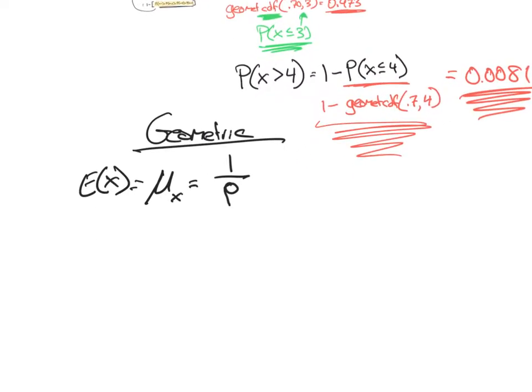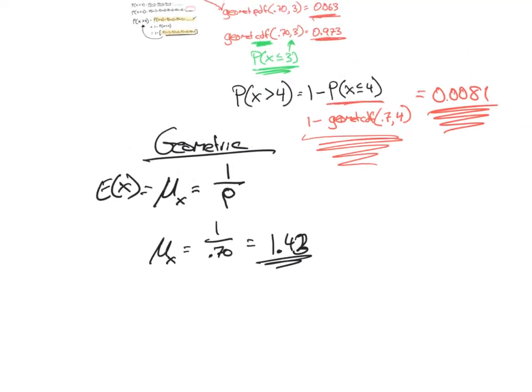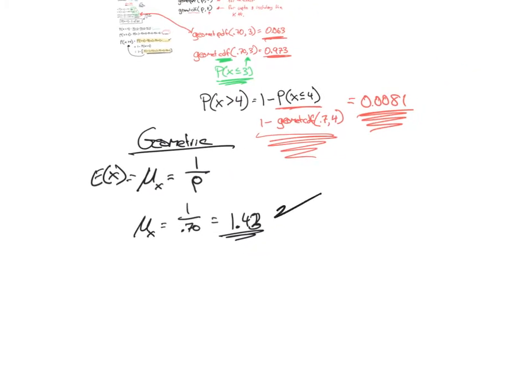So let's see if I did the average of making his first shot, or the expected value, 1 over 0.70. So let's do 1 divided by 0.7, and you get 1.42. Actually, 1.43. 1.43.